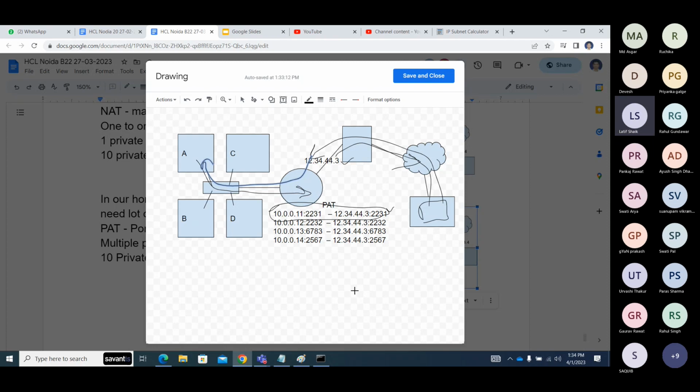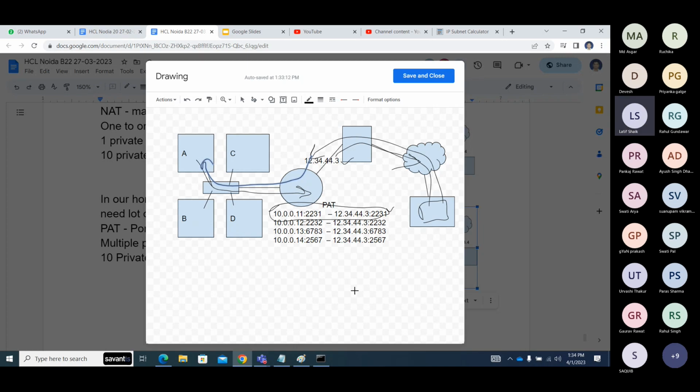If Google wants to give you a packet without any request from you, you didn't ask anything, but Google knows your public IP. It wants to send some packet to you. It cannot, because Google knows your public IP is 12.34.44.3.